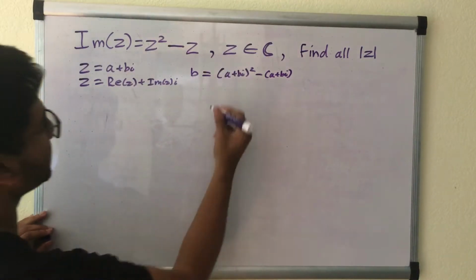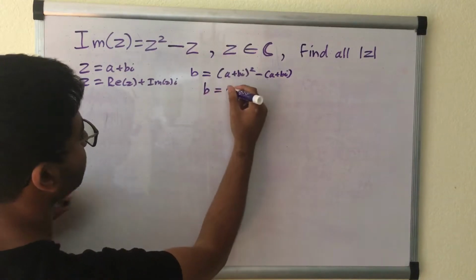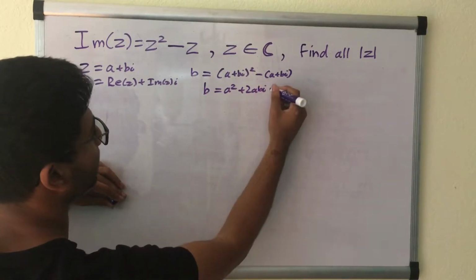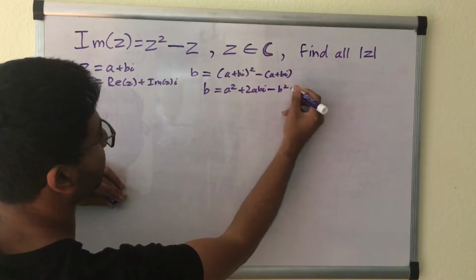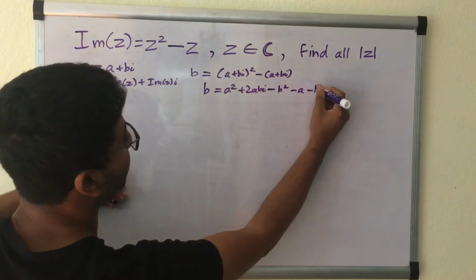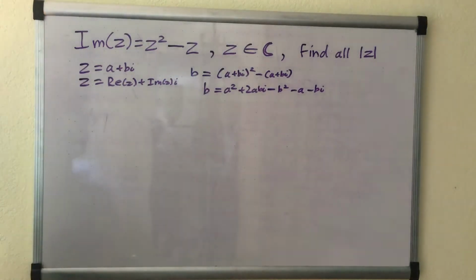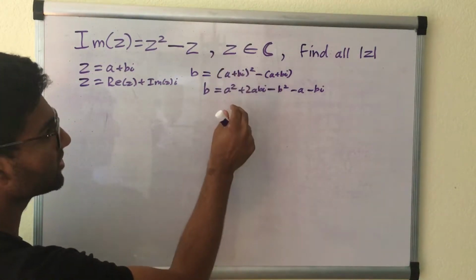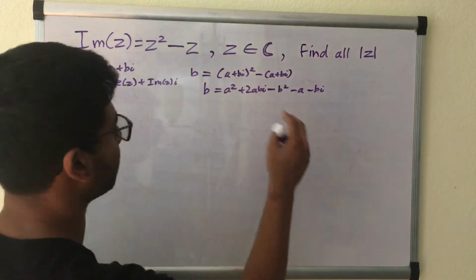If we simplify this, we get b is equal to a squared plus 2abi minus b squared minus a minus bi. Now on this right side of the equation, we want to keep the real parts together and the imaginary parts together.